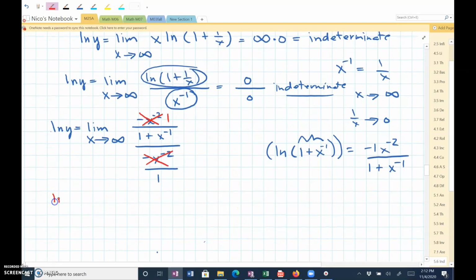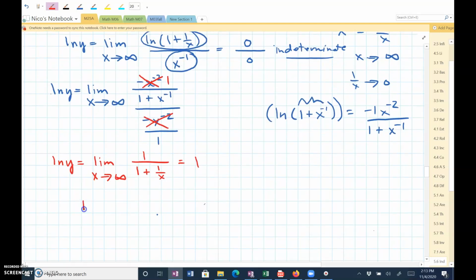So now I have the natural log of y equals the limit as x goes to infinity of 1 over 1 plus 1 over x. That's the same thing as x to the negative first. Now we can evaluate this. This is going to end up being 1, as that goes to 0. 1 over 1 is 1.